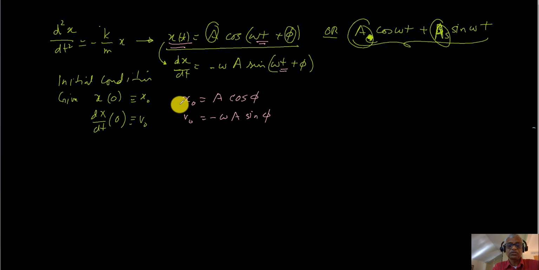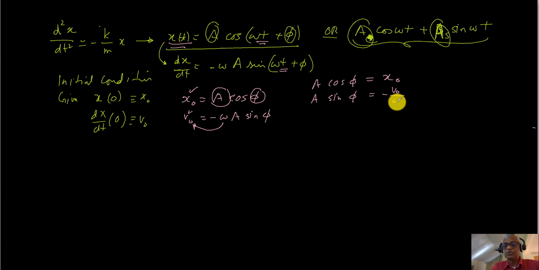Because these are given and these things are not known, we can see one way to proceed. Let's put omega on the other side. So I have A cosine phi equals x0, and A sine phi equals minus v0 over omega.